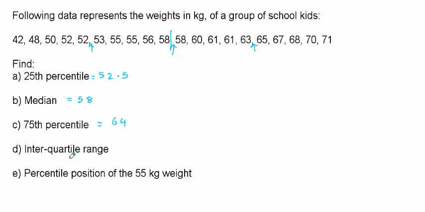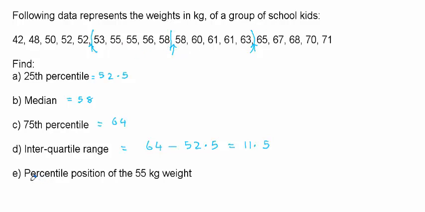And then the interquartile range is equal to the 75th percentile, the upper quartile, so that's 64 minus the 25th percentile, which is 52.5. So this is going to be 11.5. And it represents this portion of the data set, 25 percentiles on either side of the median.